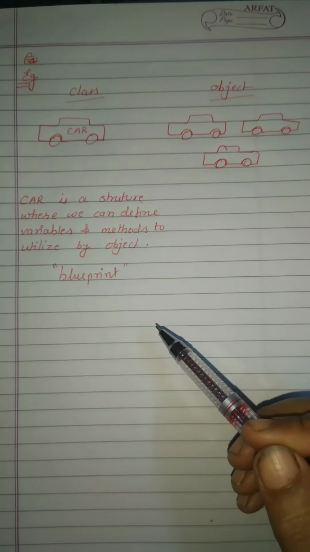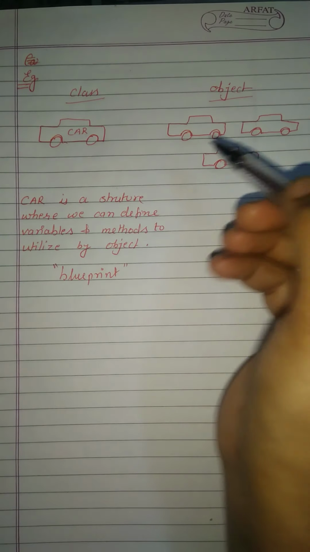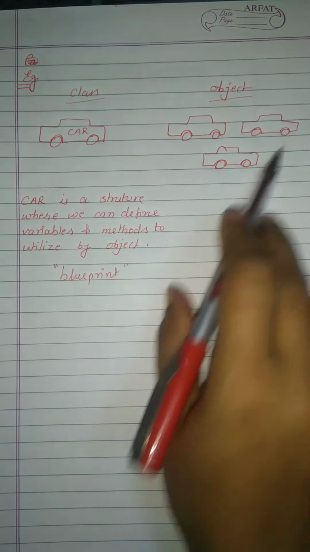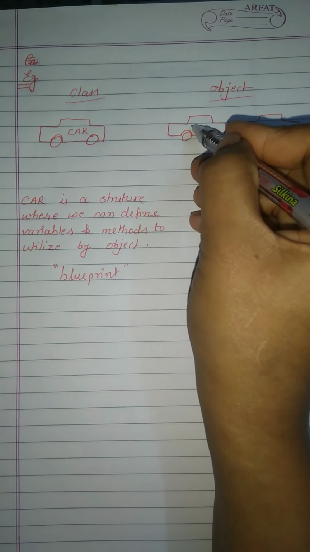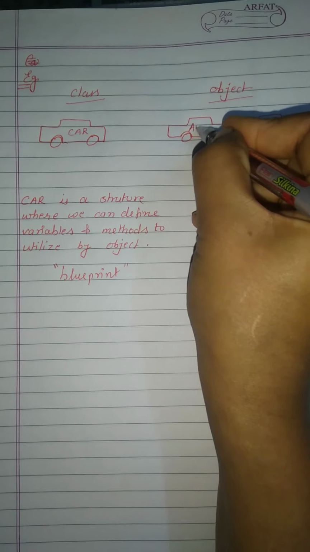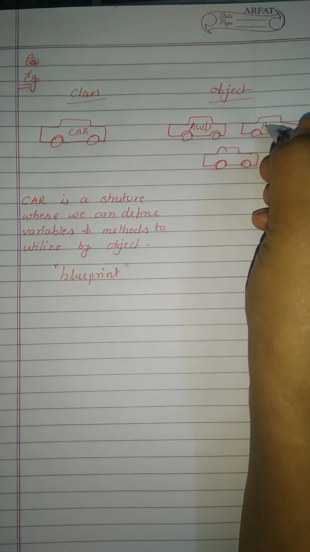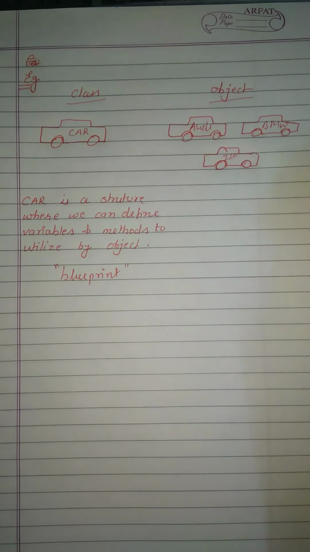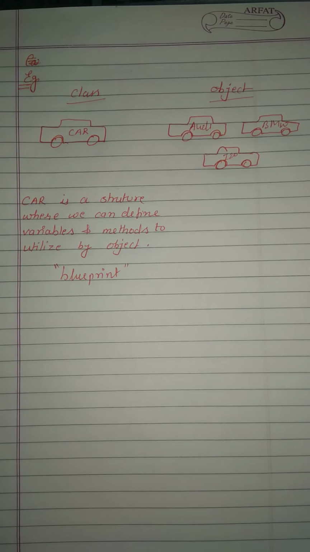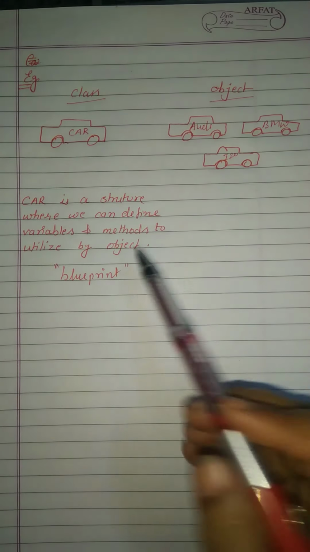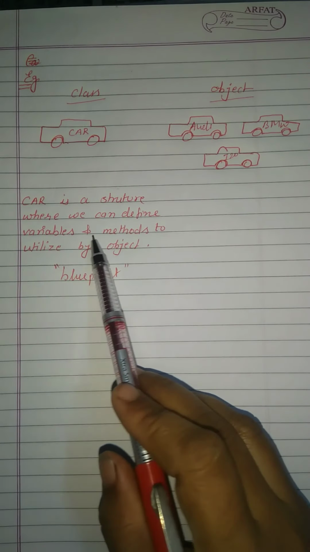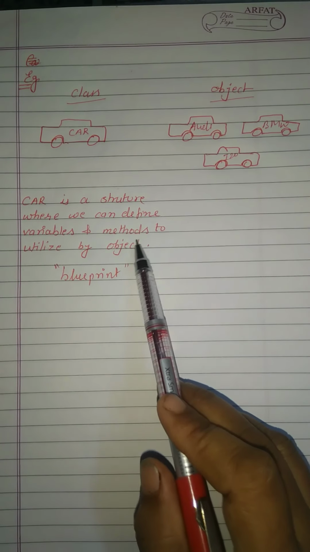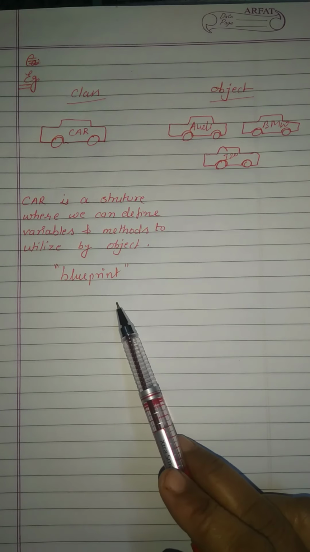This car comes from different companies. These are the cars, but they have different companies like Audi, BMW, i20. Suppose these are the companies. These car companies will use the variables and methods from the blueprint.